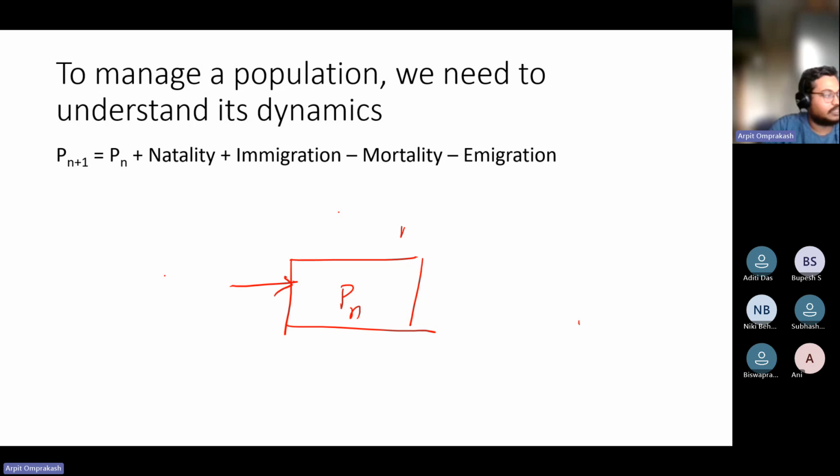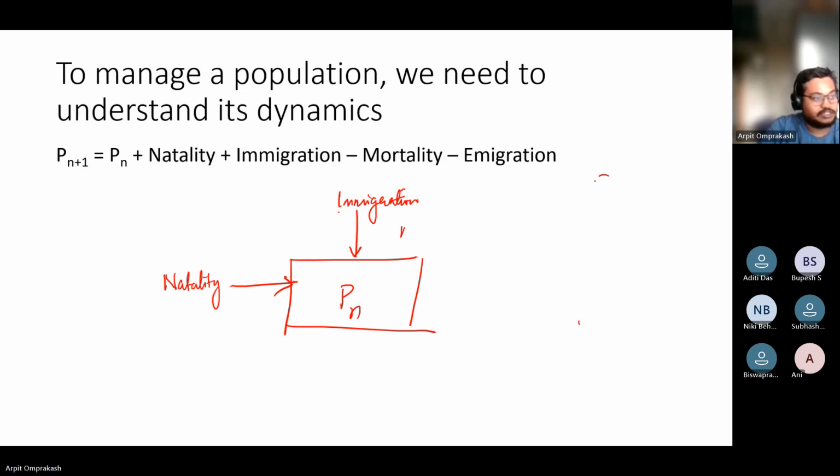One is natality, which is the birth rate, how many per 1,000 organisms are born. The second thing that increases the number of individuals is immigration, which is when organisms from another geographical area move into the population under study.